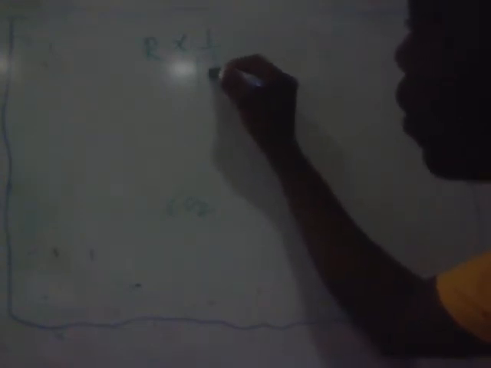So Graham's law of diffusion states that the rate of diffusion of a gas is inversely proportional to the square root of its vapor density, or square root of its molecular mass, at constant temperature. Mathematically, the rate of diffusion of a gas, let's represent by capital R, is inversely proportional to the square root of its vapor density, let's use small d.